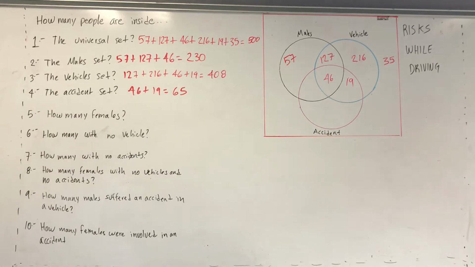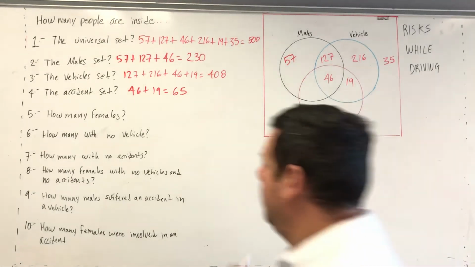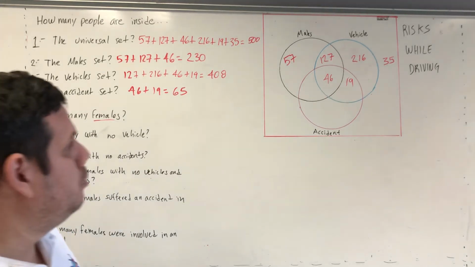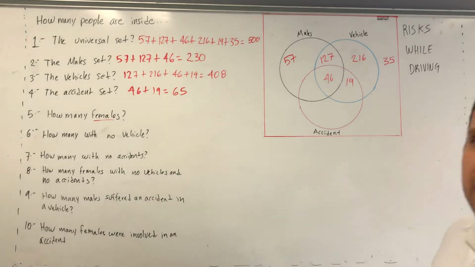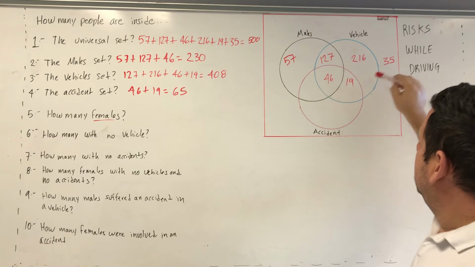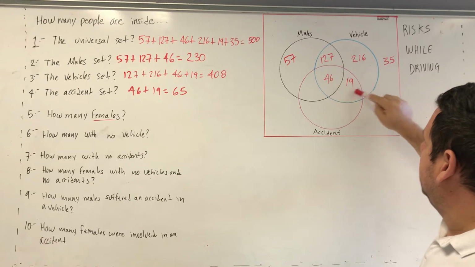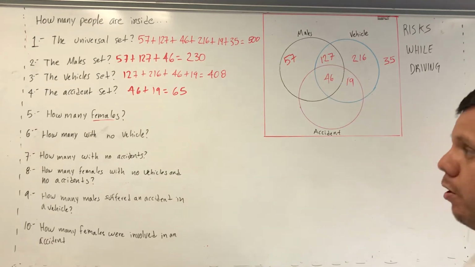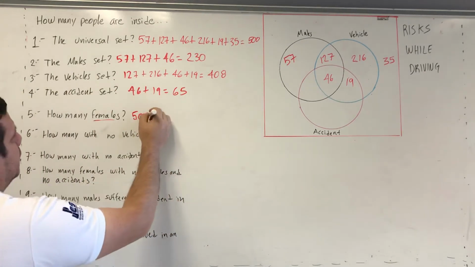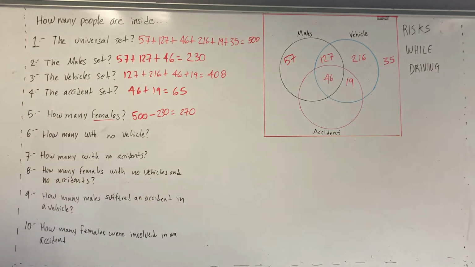All right, how many females? Maybe you can say, oh, mister, we don't have a set with the name females. And you're correct. But we have two ways to do that. The first is to think about everyone outside the male set. This and this are outside the male set. So you add everything outside the male set, or just subtract the males from the universal set, which gives 270.